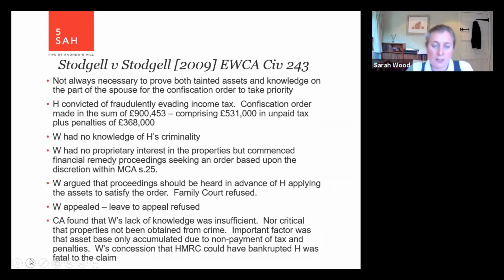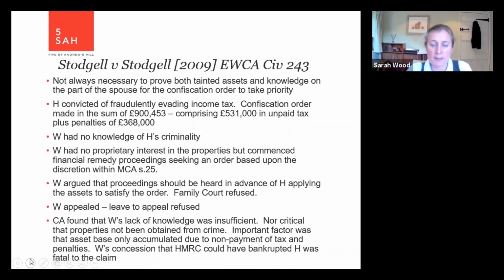Now, in refusing leave to appeal, the Court of Appeal found that the wife's lack of knowledge was insufficient, and nor was it critical that the properties had not been obtained from crime. What the Court of Appeal were concerned with was the fact that the asset base that was then to be distributed within the family proceedings had only been accumulated due to non-payment of tax and penalties.